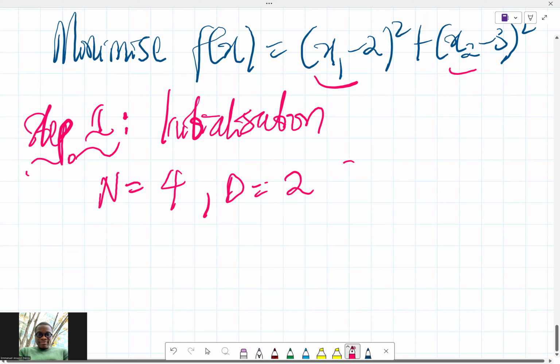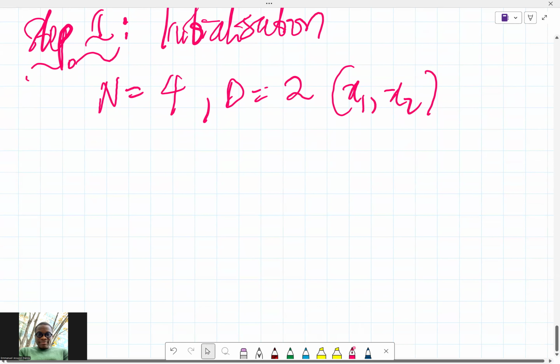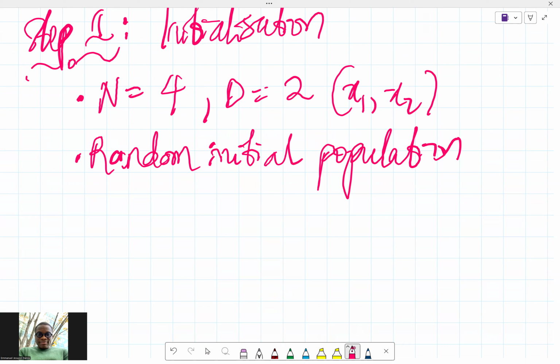Dimension is 2 because we have variable x1 and variable x2. Those are the things that determine the dimension. Then with that, we can have a random initial population. Say x1 is 1.5, 2.0.